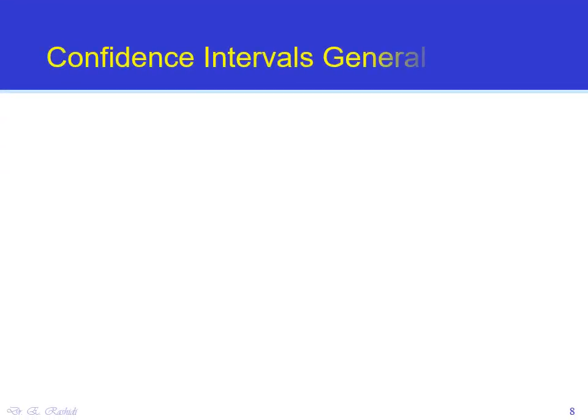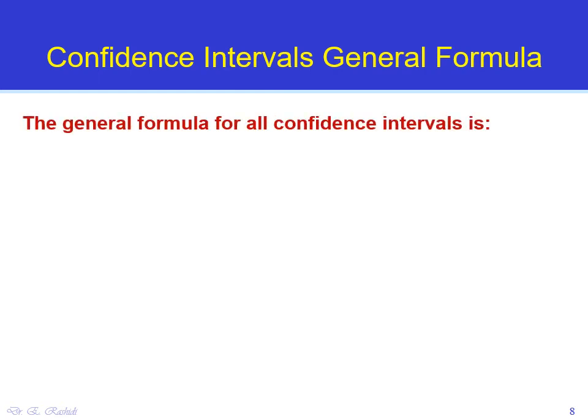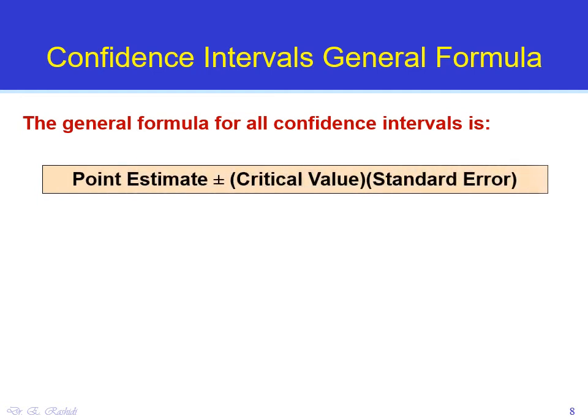Confidence interval general formula. The general formula for all confidence interval is as follows. Point estimate, whatever you want to estimate, whether you want to estimate the average or the proportion. Point estimate plus and minus critical value multiplied by a standard error.